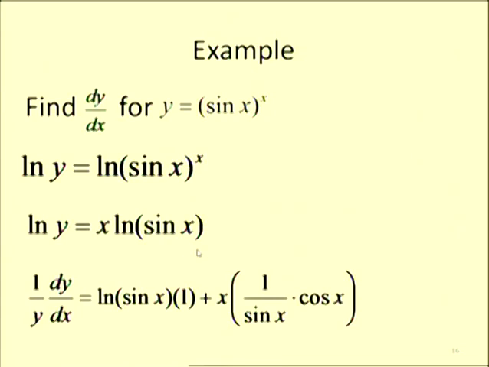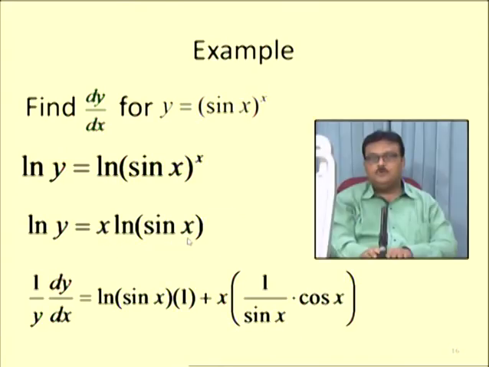And on the right hand side again we have a product of two functions, one is x, another is log sin x. And log sin x is a composite function of log x and sin x. So here also we have to use the chain rule. Now differentiating x with respect to x is 1 into log sin x will remain as it is, plus x remains as it is into derivative of log sin x, which is a composite function.